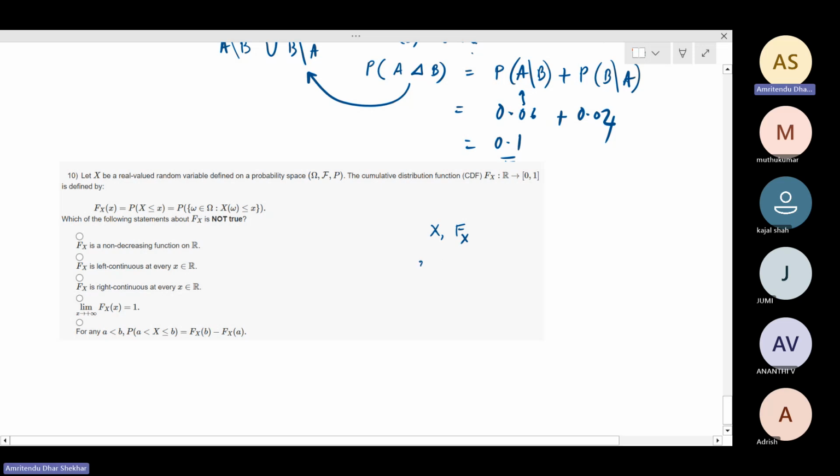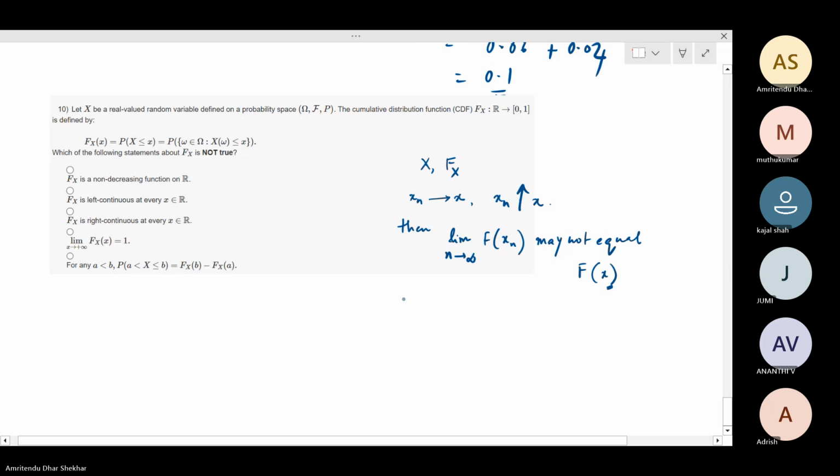It means that if I have a sequence of numbers x_n which tend to x from the left, then the limit as n tends to infinity of F(x_n) may not equal F(x).